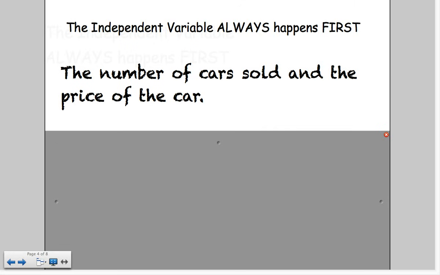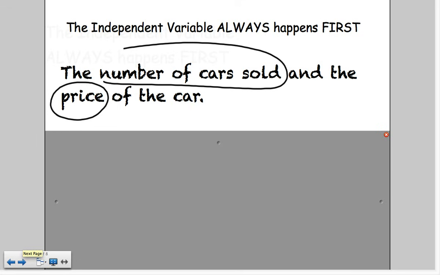So here we go. We've got the number of cars sold and the price of the car. These are the two variables. What I want us to think about is which has to happen first in order for the other one to even matter or exist or happen. The first thing that's going to happen is the independent variable.